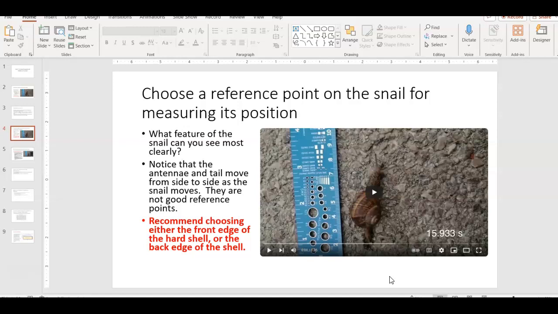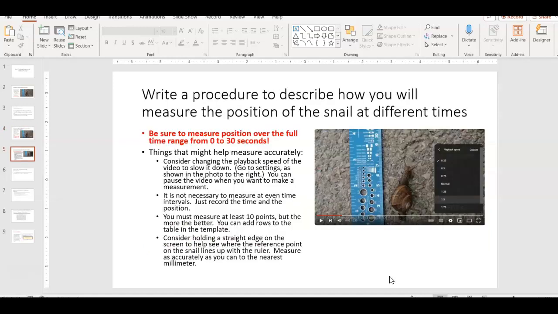Notice that both the antennae and the tail tend to move to the left and right as the snail makes his progress. And so I would recommend choosing something that is a little more constant in relation to the ruler. I think either the front edge of the shell or the back edge of the shell are features that you can see very clearly all the time, and they don't tend to move left or right.